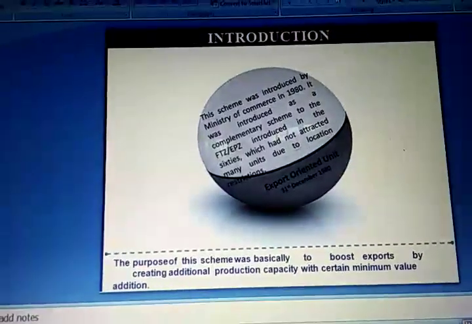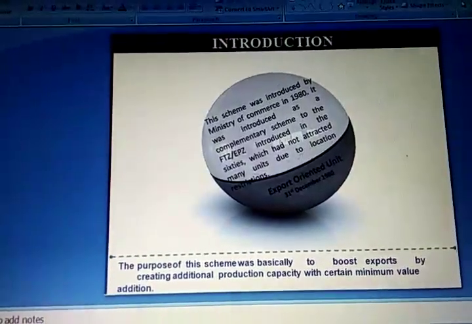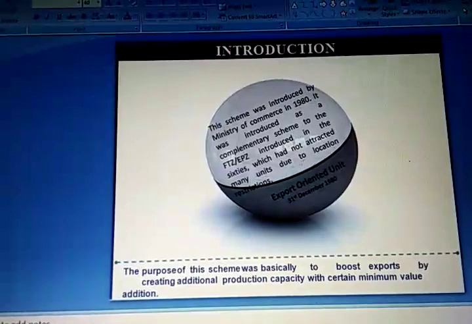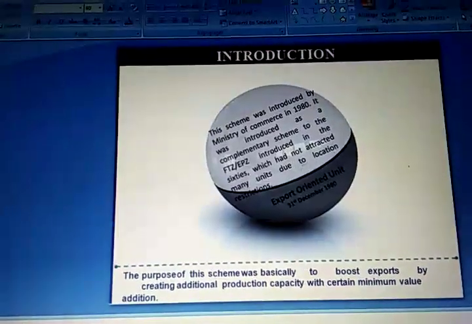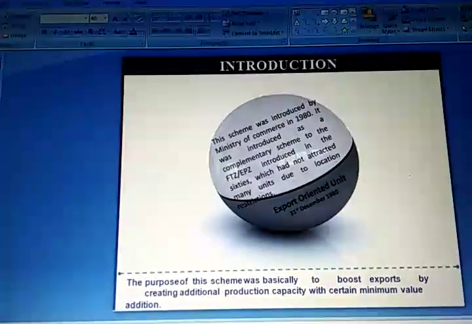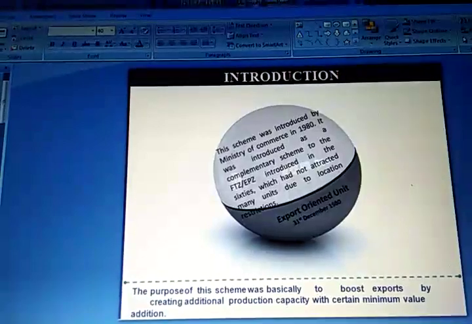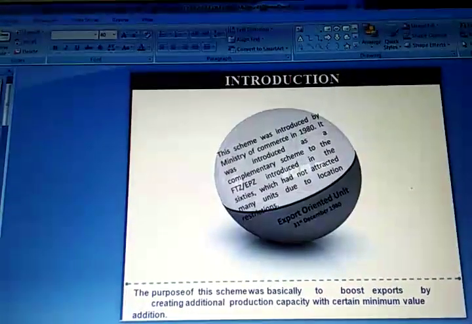This scheme was introduced by the Ministry of Commerce in 1980. It was introduced as a complementary scheme to the EPZ introduced in the 60s, which had not attracted many units due to location restrictions.